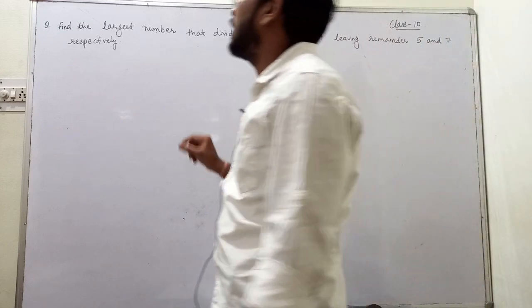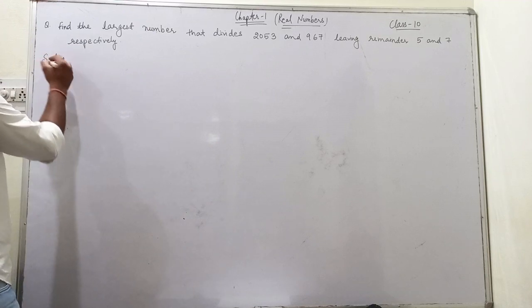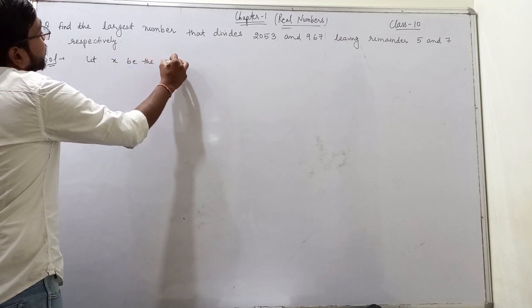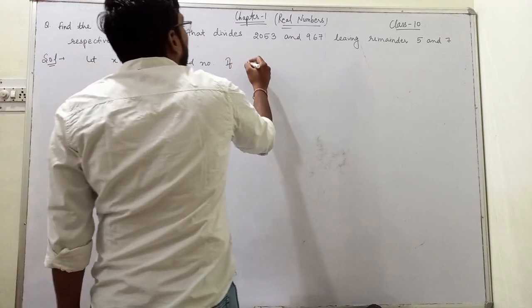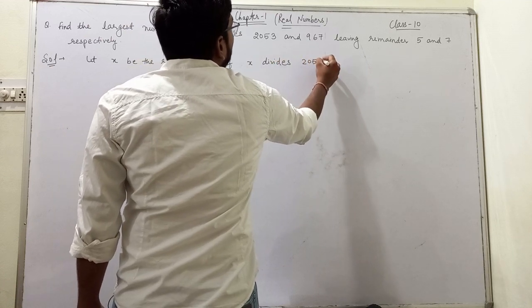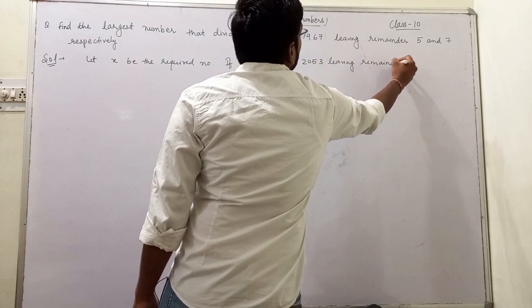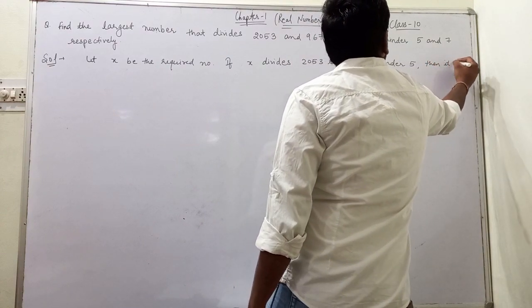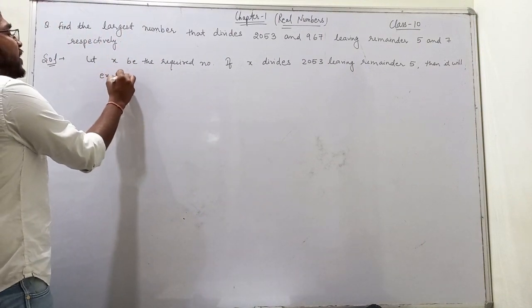So just similar to the previous problem we just solved, I can state that let x be the required number. If x divides 2053, leaving remainder 5, then it will exactly divide.